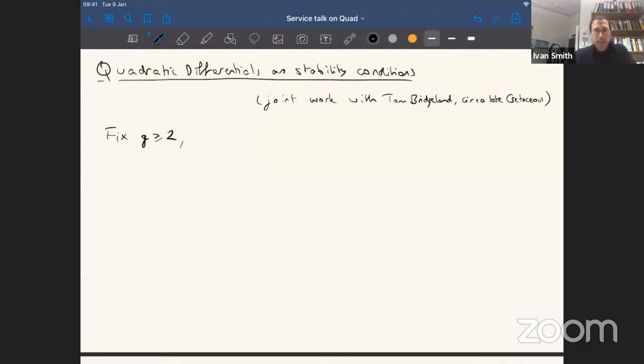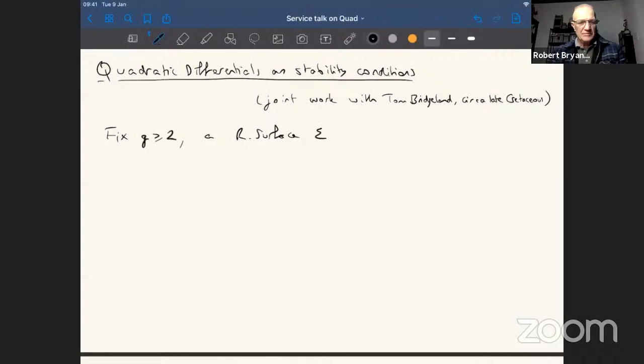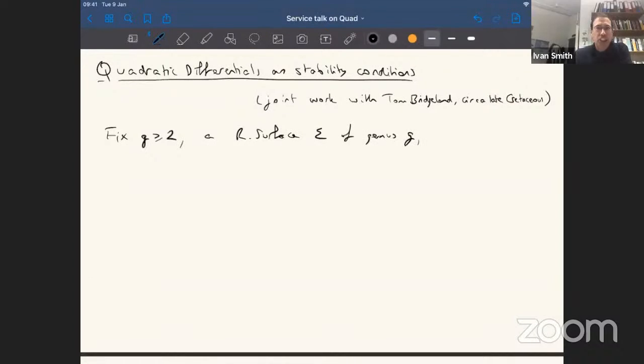Right. So let me start by fixing g at least 2 and a Riemann surface sigma of genus g and a quadratic differential phi, a section of K_sigma squared, which I'll assume has distinct zeros.